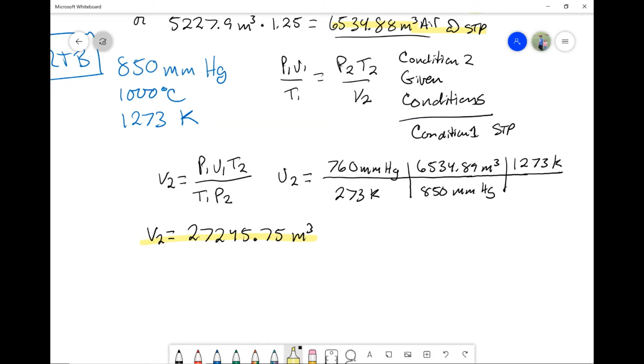So let me do this one more time to make myself feel a little better. 760 times 6534.89. I must have hit a decimal point wrong. Times 1273 divided by 273 times 850. And I got the same number again. So 27245.75. I had made an error.